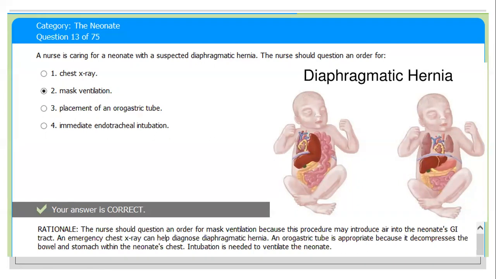A diaphragmatic hernia is a birth defect in which there is an abnormal opening of the diaphragm.